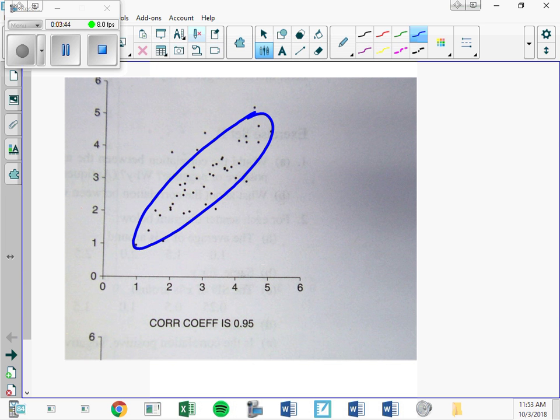So 0.95, and then the question is asking, in this diagram, the percentage of points where both variables are simultaneously above average is blank. So I need to draw my SD line, and then this will be my point of averages. So that has an average of 3, and this has an average of 3.